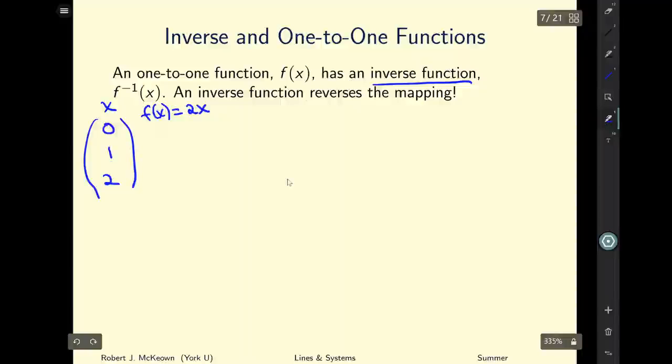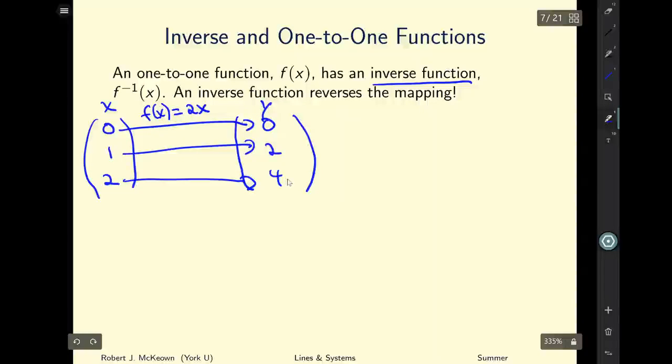And there's my domain. And I'm going to have y values here. If x is 0, y is 0. If x is 1, y is 2. And if x is 2, y is 4.